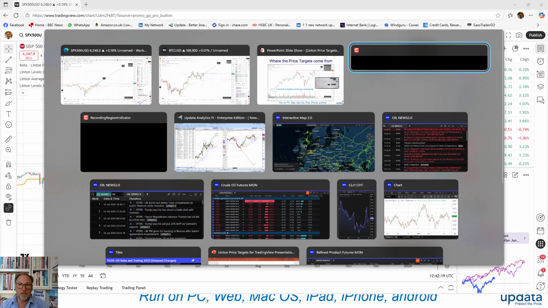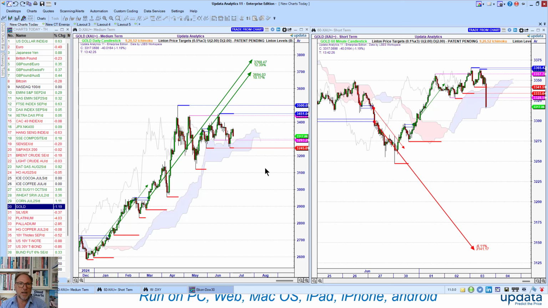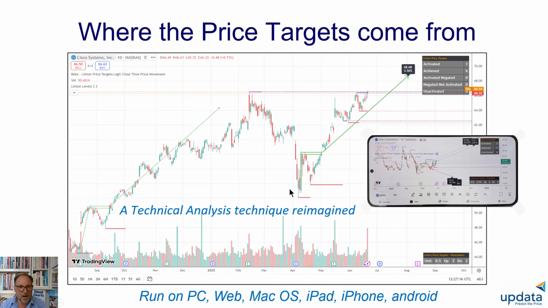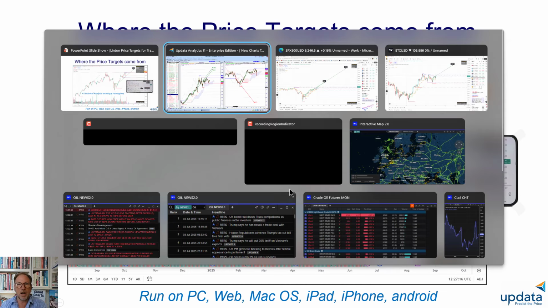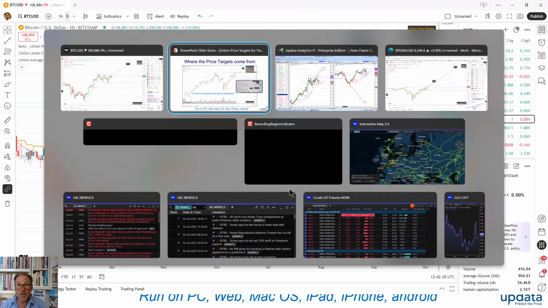And just as an aside, this is them in Updater, which is the application that I use. So basically, the targets are in lots of places now, but for those of you using TradingView, this is the ideal place now to use these targets, and I want to explain how you can get the most from them.